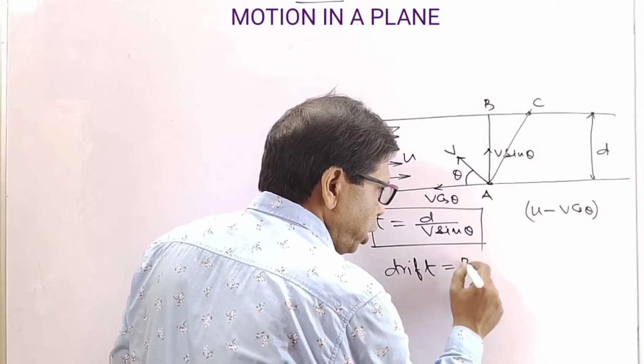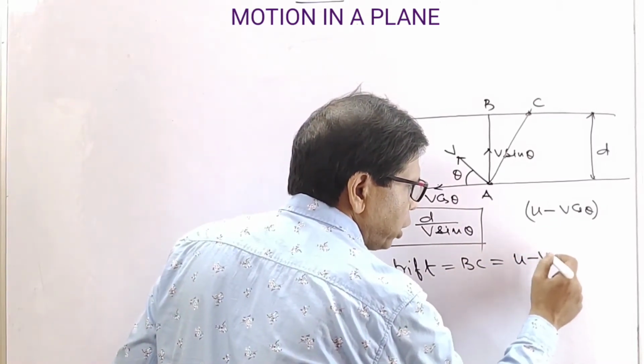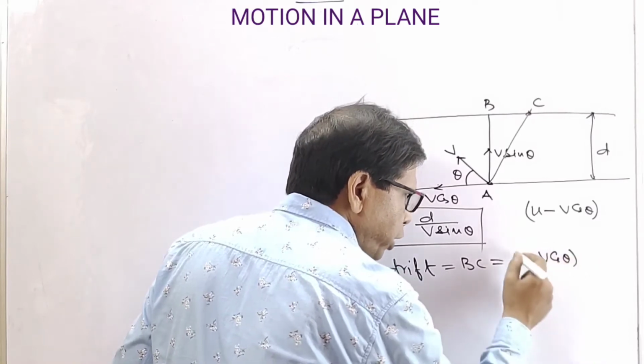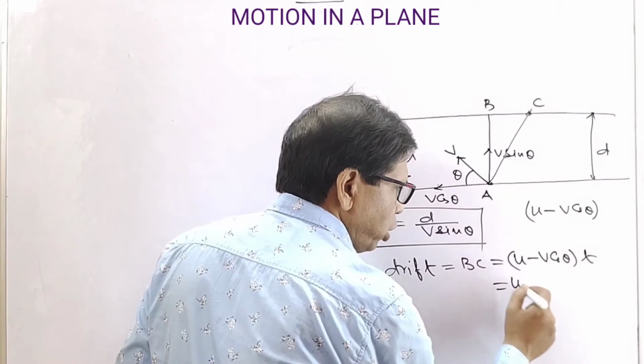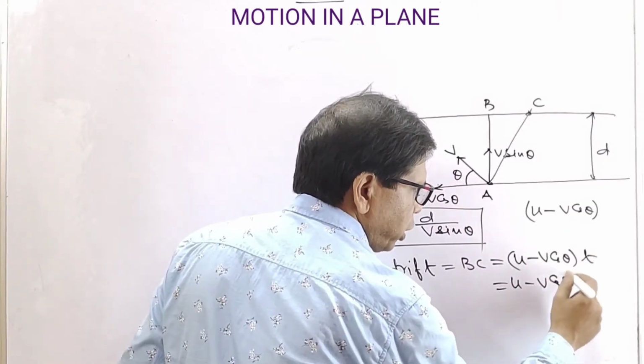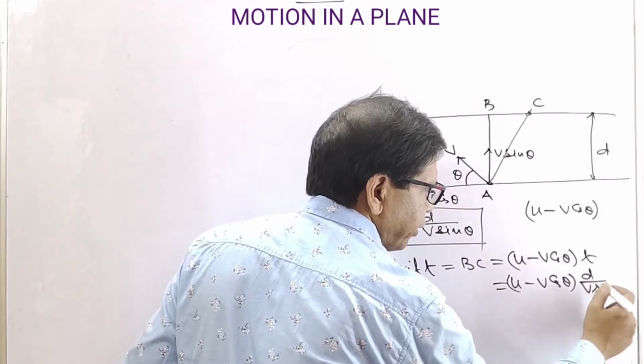So drift BC is equal to this resultant velocity times the time to cross, t. So it is (u minus v cos theta) into d by v sin theta.